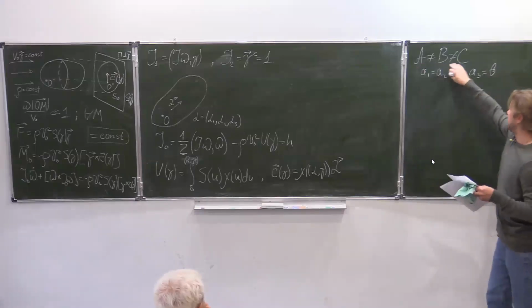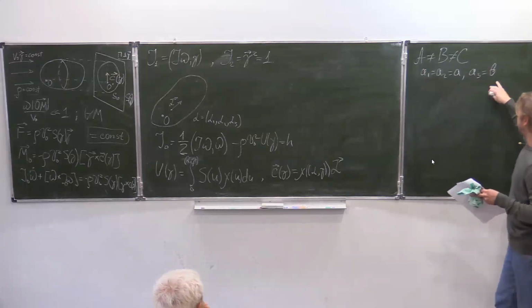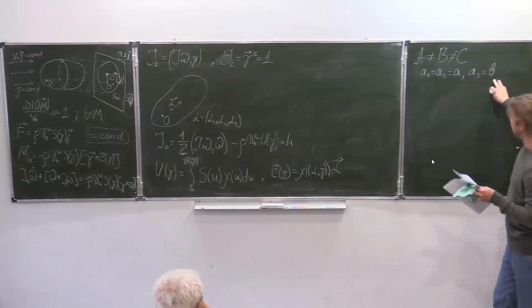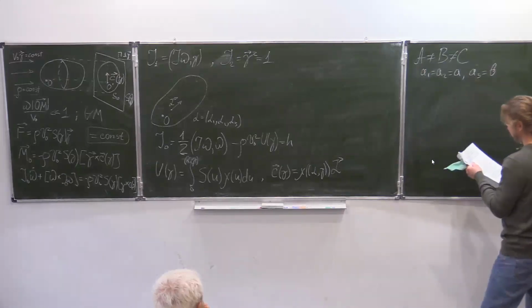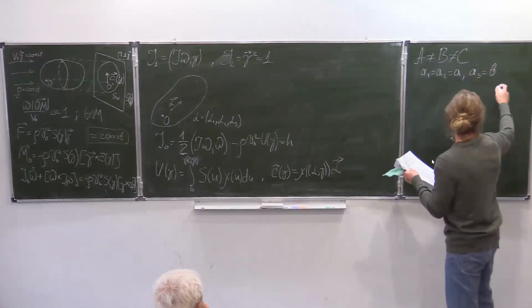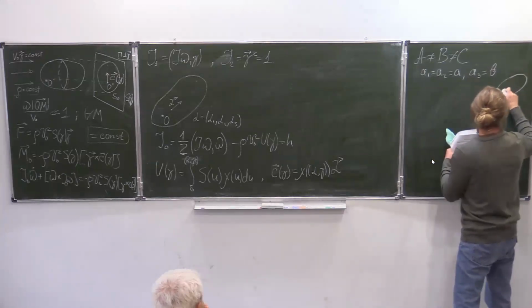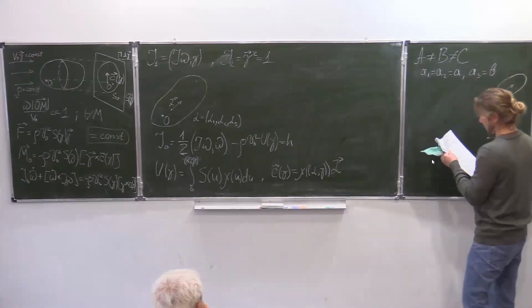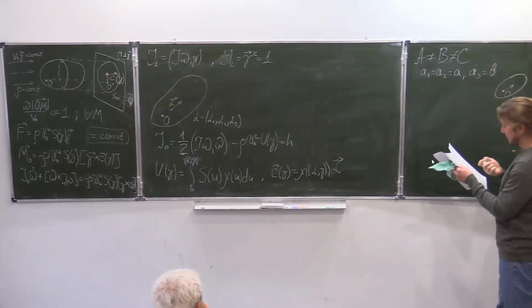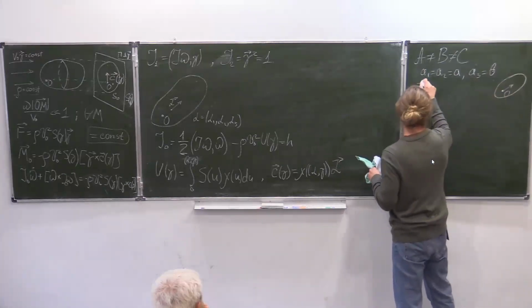Here, A, B, C are moments of inertia, and A and B are the semi-axes of the ellipsoid of revolution. Let the axis of symmetry pass through a fixed point. That is, the radius vector of the center of the ellipsoid is written this way.